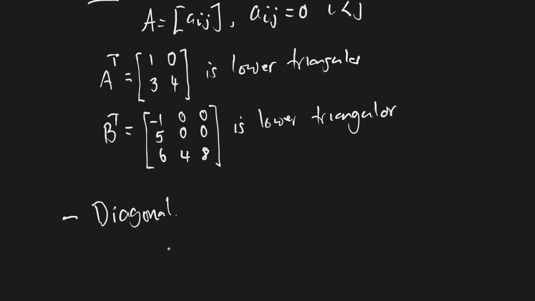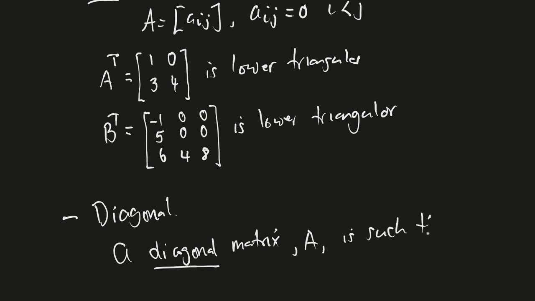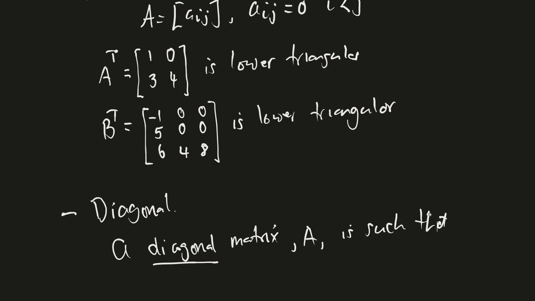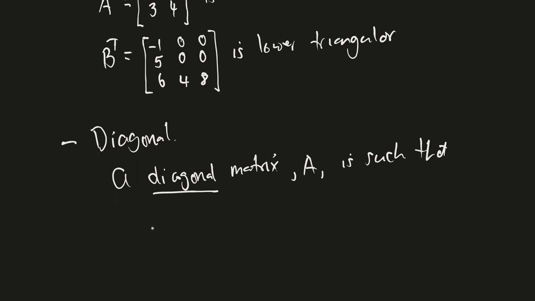A diagonal matrix A, in other words, this is just saying one of them, not the matrix A, but a diagonal matrix A is such that, let me write this condition down and see if we can figure out what it means.